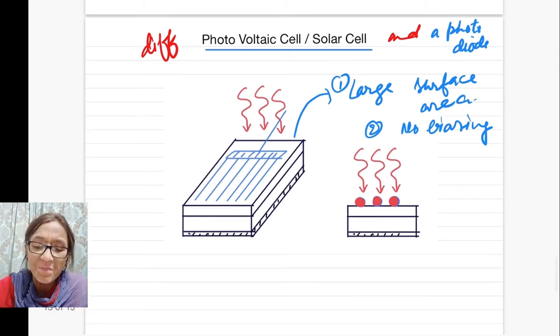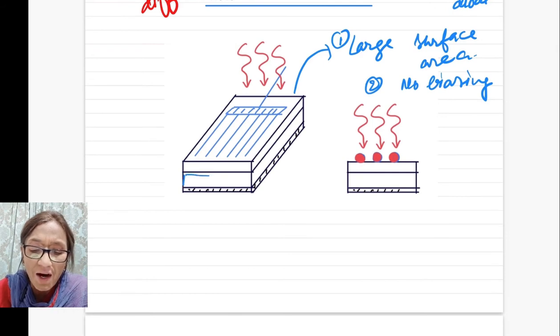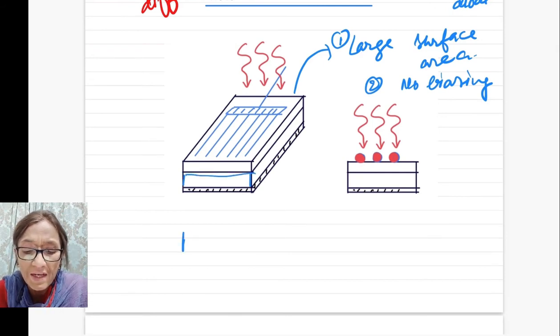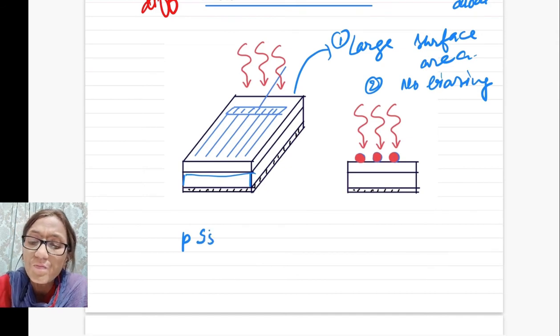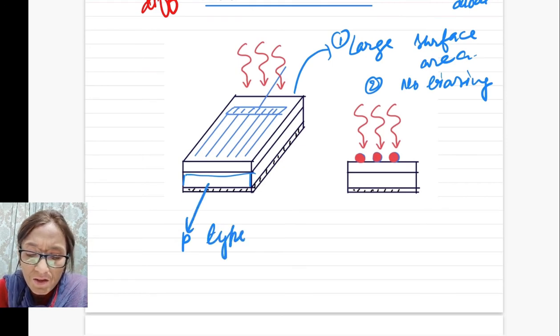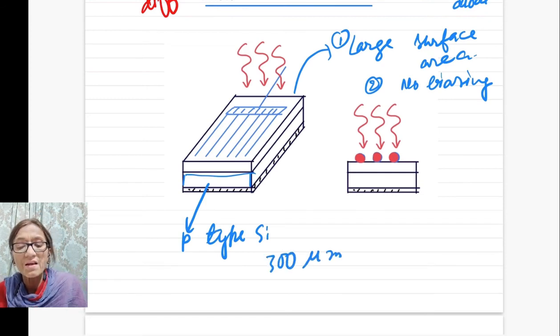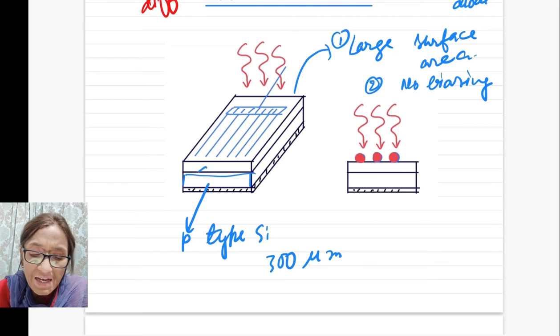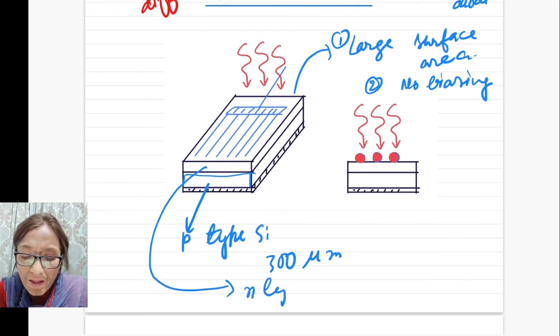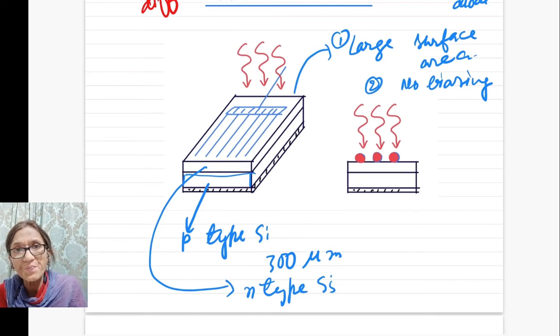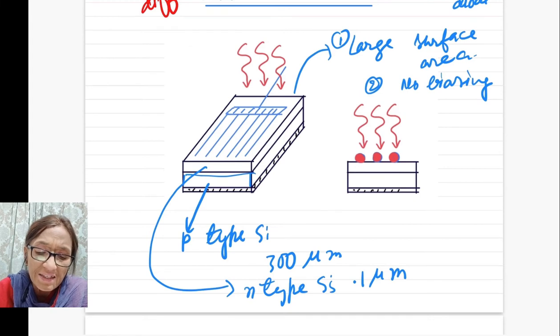Now here you can see that the lower part is actually a P-type silicon semiconductor of thickness 300 micrometer, and above it there is diffusion of N-type silicon semiconductor with very small thickness, only 0.1 micrometer.